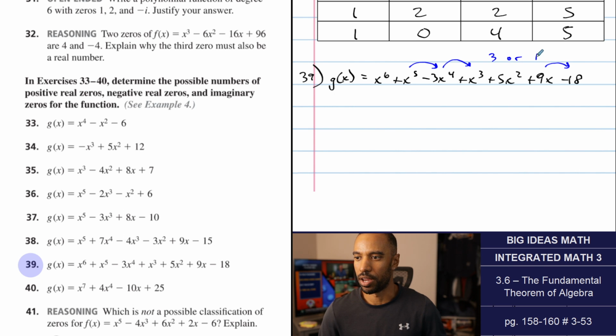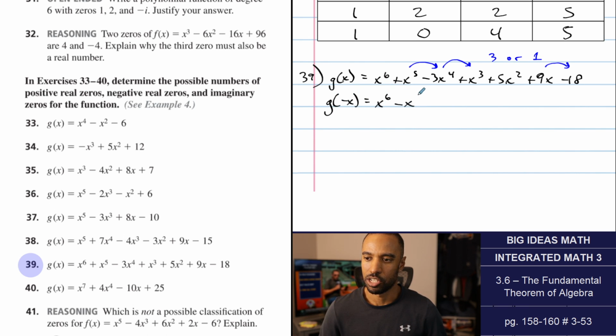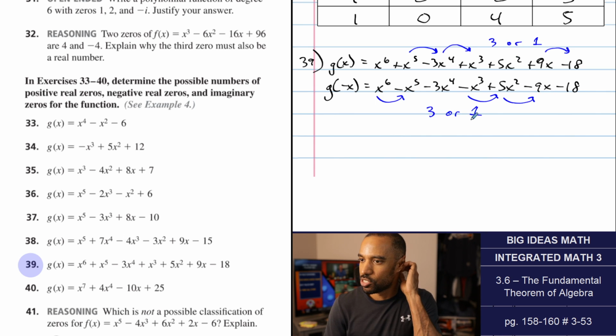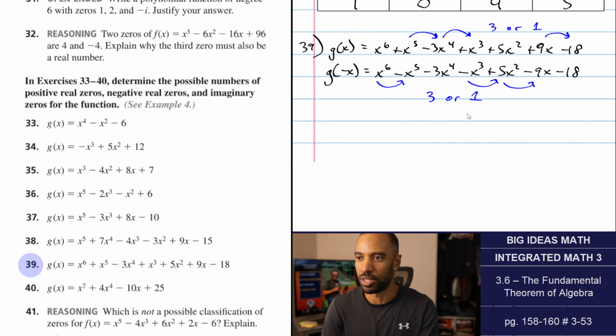So 3 or 1 are possible for the positives. Now negatives. Sign stays the same. Sign changes. Sign stays the same. Sign changes. Again, we're raising to odd powers there. Sign stays the same. Sign changes. Sign stays the same. So from positive to negative is 1. Negative to positive is 2. Positive to negative is 3. So it will be slightly different, 3 or 1. But it still is only 4 different possibilities of things.